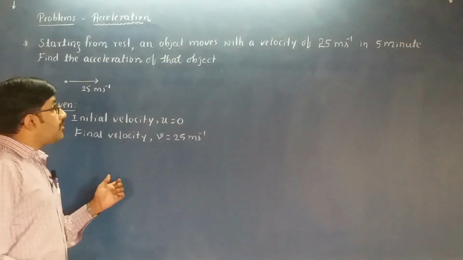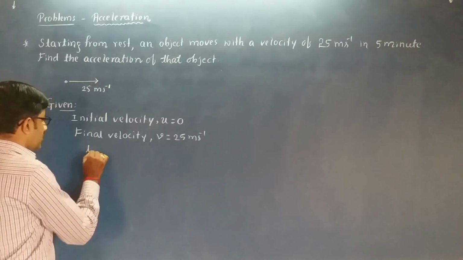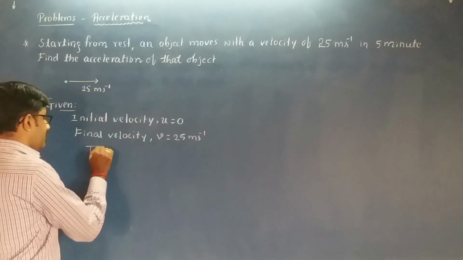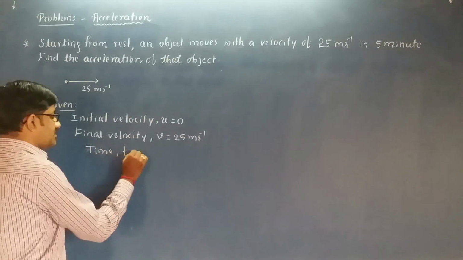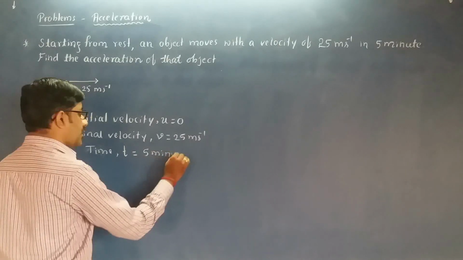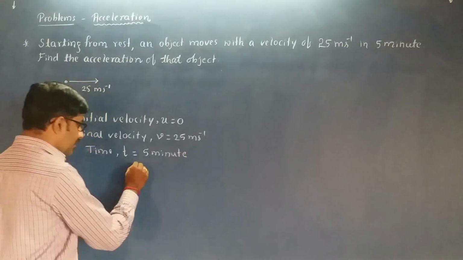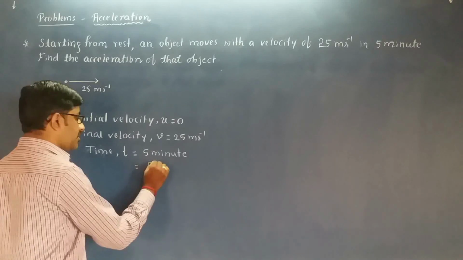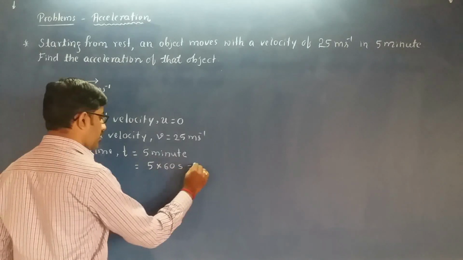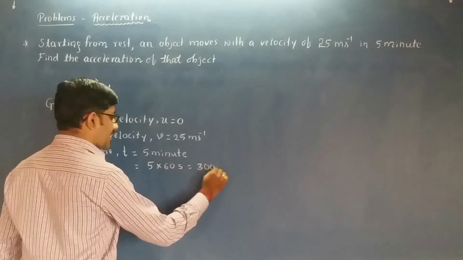Now time is also given, time t is equal to 5 minutes. So better it is converted into seconds. So 5 minutes means 5 into 60 seconds, therefore 300 seconds.